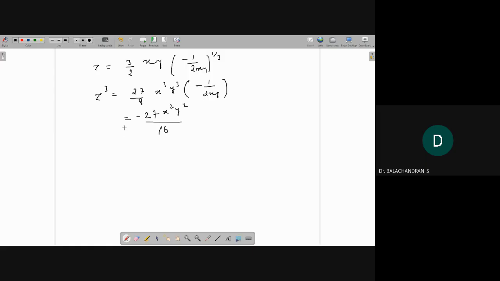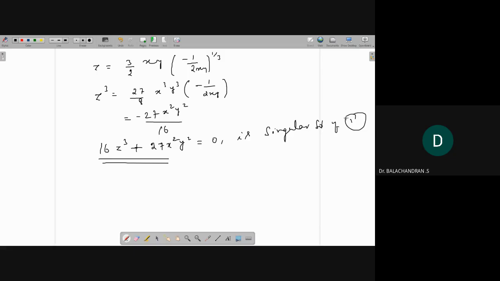So the final answer is 16 z cube plus 27 x square y square equal to 0. So this is the singular solution of equation 1.